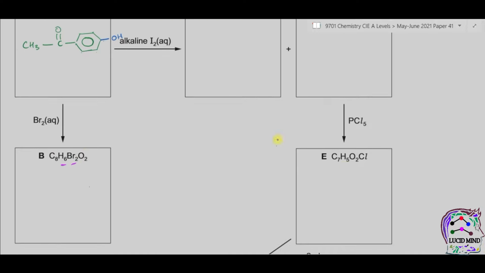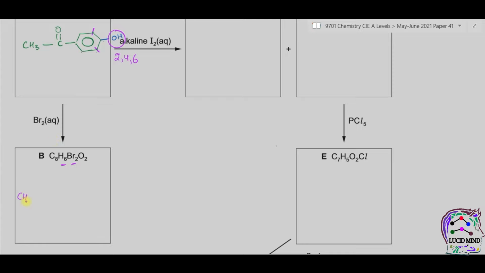As we have an OH group present on benzene and OH is 2, 4, 6 directing, it means that the incoming electrophile will be attached either to the second position, or the fourth position, which is already occupied. So for fourth nothing is going to be attached, or the sixth position. So we can draw the structure.